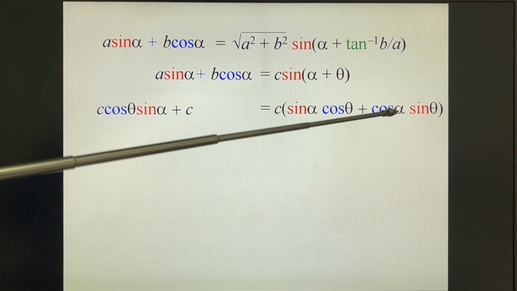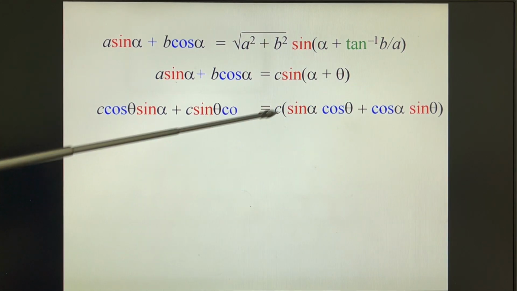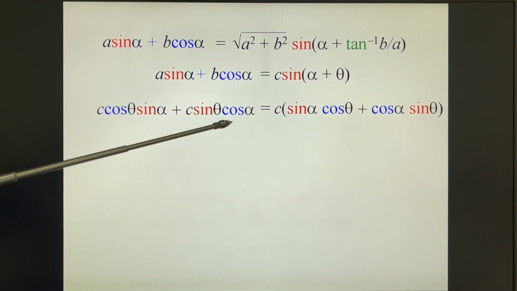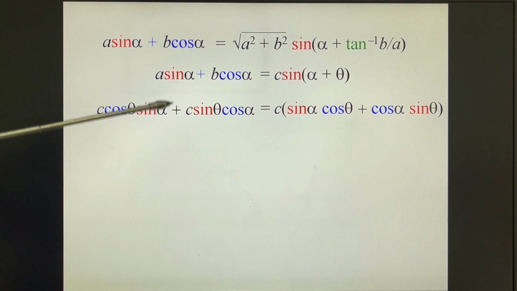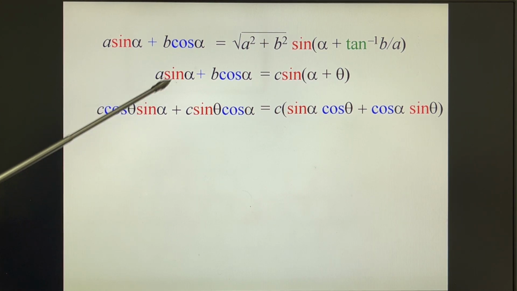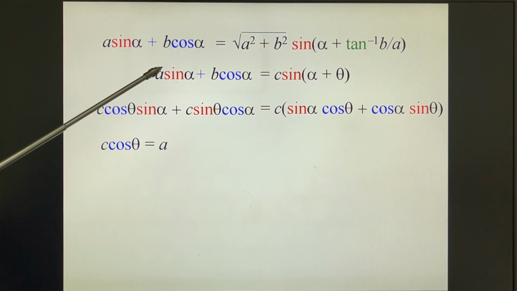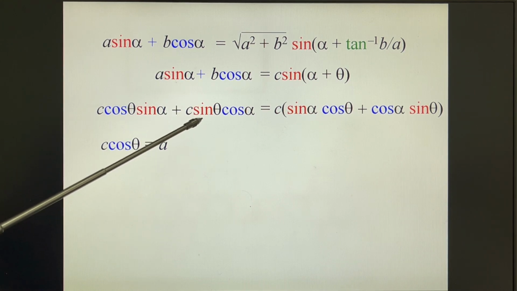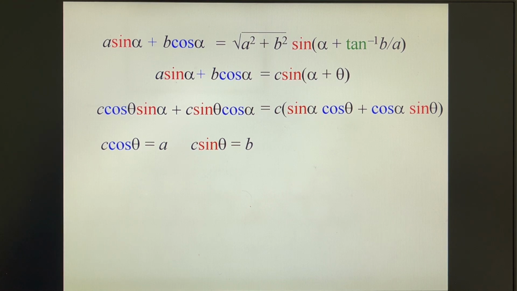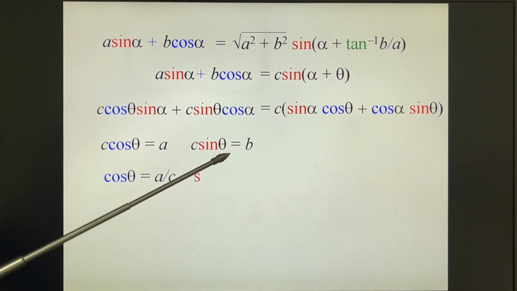C cosine alpha sine theta, I write C sine theta cosine alpha. Then if we compare to the top, the coefficient in front of sine alpha should be the same. So we get C cosine theta equal to A. The same thing, C sine theta equal to B. If I rewrite this, cosine theta equal to A over C. Sine theta equal to B over C.